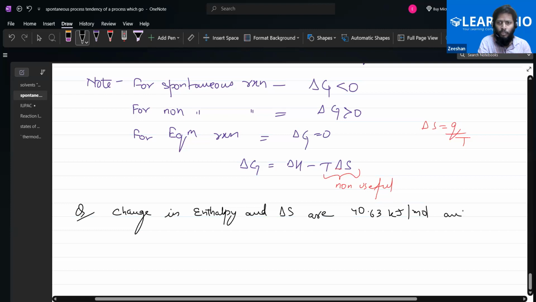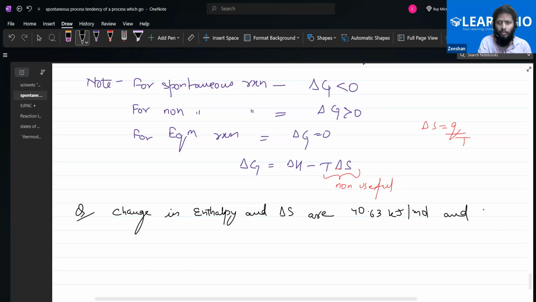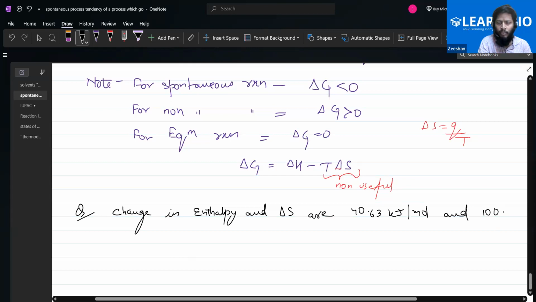You just have to put the data in the formula and you will get the answer. You just have to recognize the data.